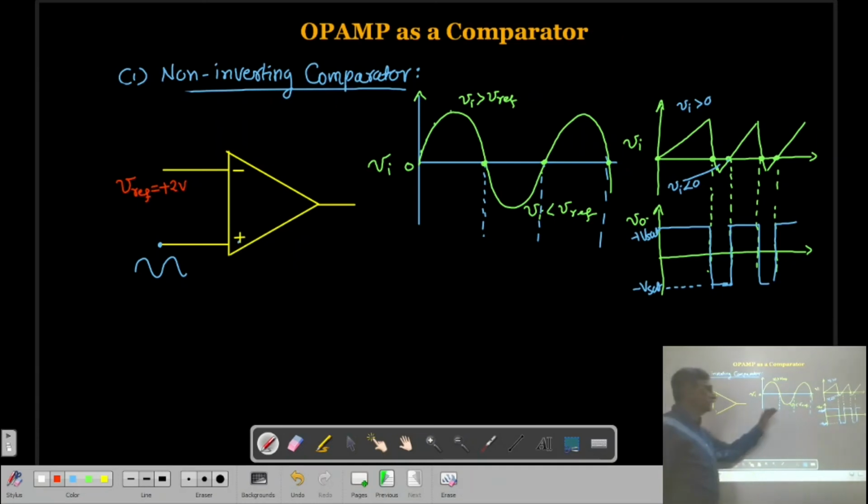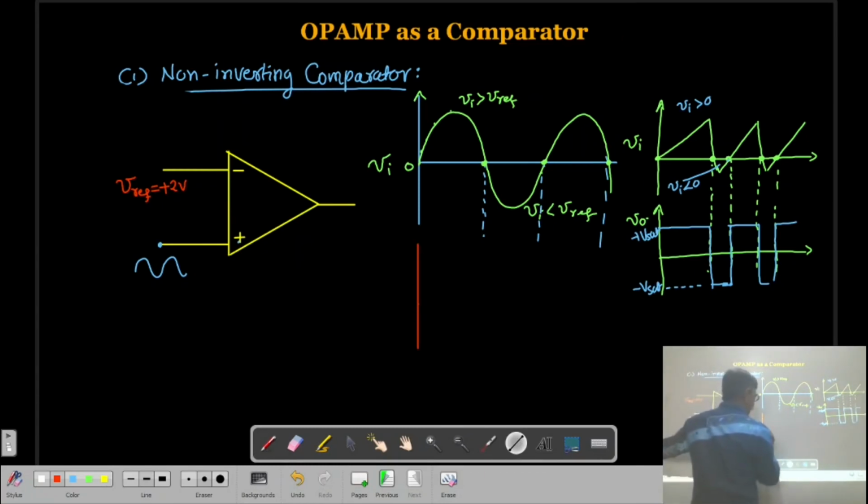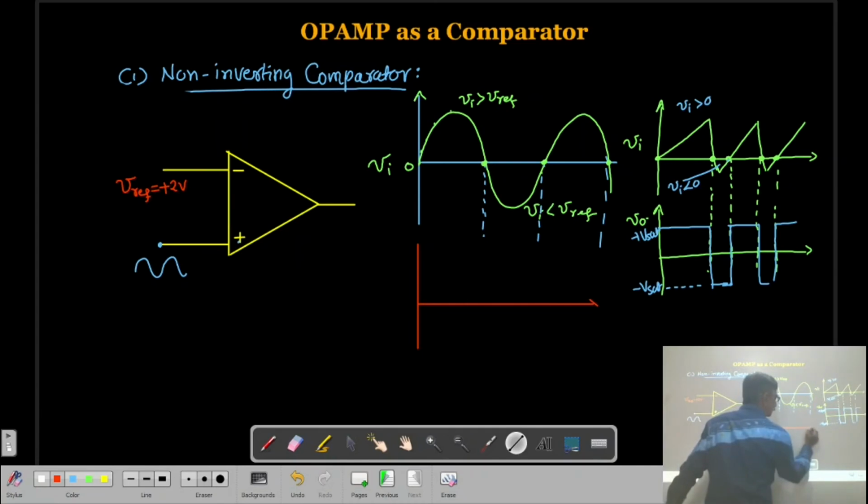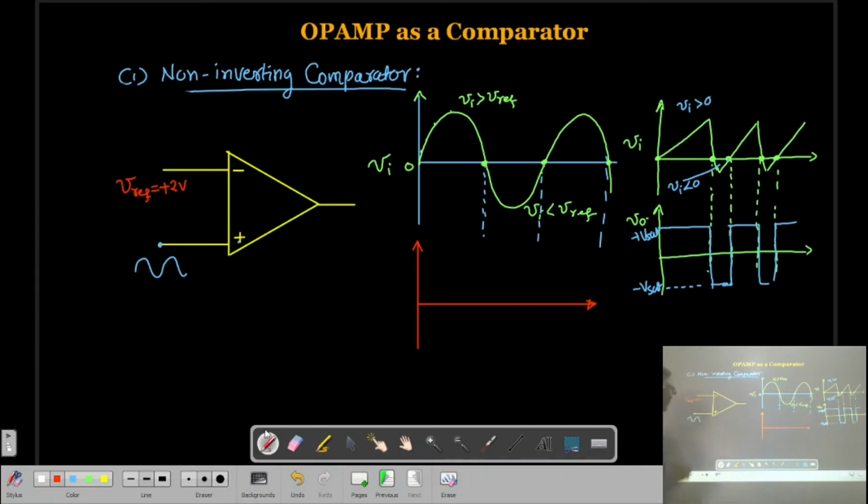And if I want to see the shape of the output signal, again we plot this. Now where is my reference line? It is at plus 2. So let us say this is a reference voltage of plus 2 volt, V reference.